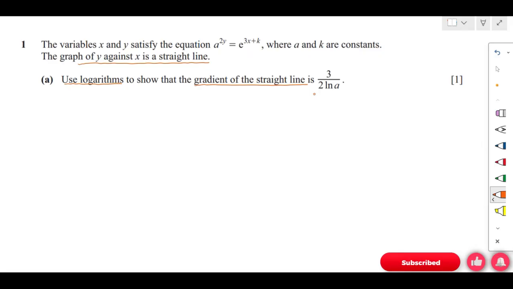Okay, so we have a to the power 2y equals e to the power 3x plus k. For this e, it is better to take a natural log on both sides.